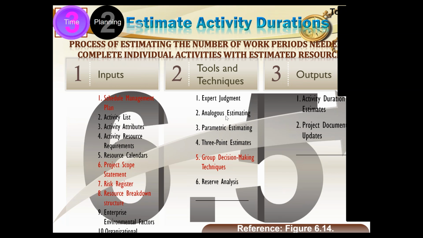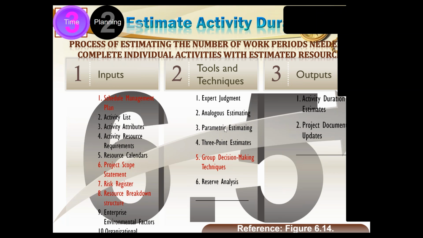So proportionately, you could increase or decrease the duration based on the analogy of a previous event. This is called analogous estimating. I hope you understand what I mean by analogous. Yes, Mohsin? Are you okay with analogous?